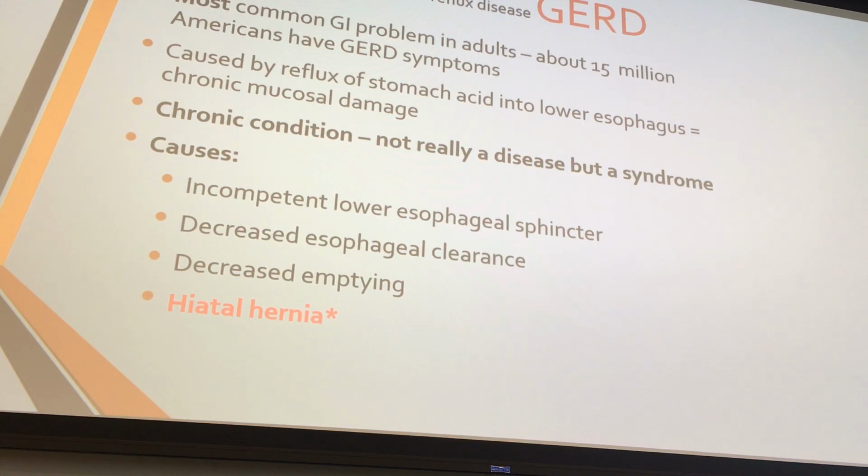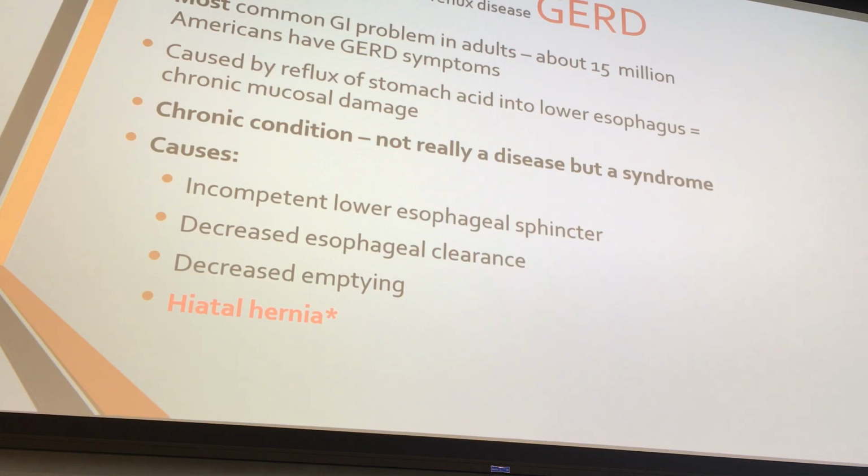As we age, those sphincters that we talked about, in the elderly in particular, that sphincter becomes very, very lax, okay? So that can allow acid to come up and have that regurgitation. You can have decreased emptying, so your stomach is not emptying as fast as it should, so the acid can just go up there. And then the hiatal hernia, which is really what we're gonna focus on. That's one of the biggies.